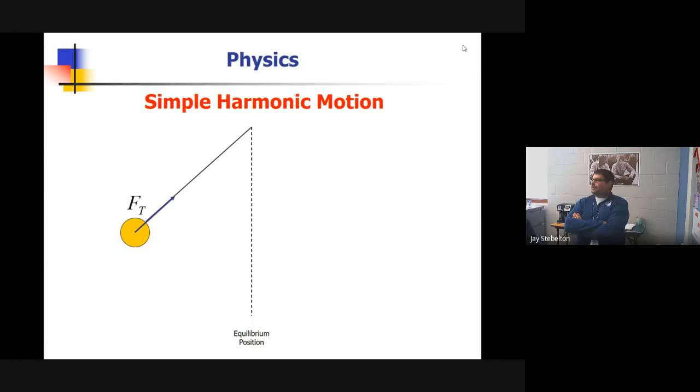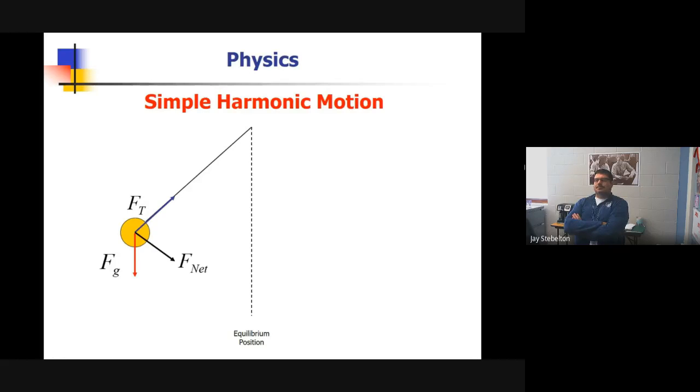Well, now my tension is still along the string and weight is acting towards the center of the earth. Oh, but I'm at an angle. Uh-oh, angles. We now have sines and cosines involved that produce a net force back towards the equilibrium position.